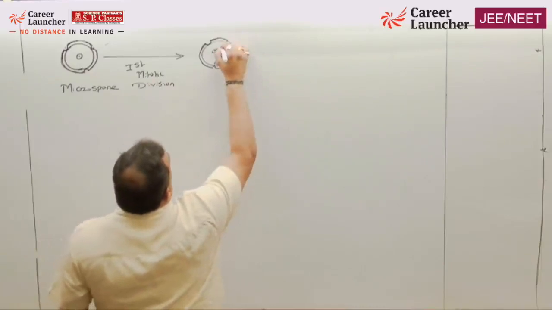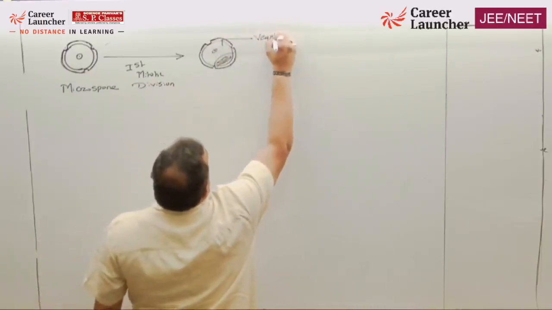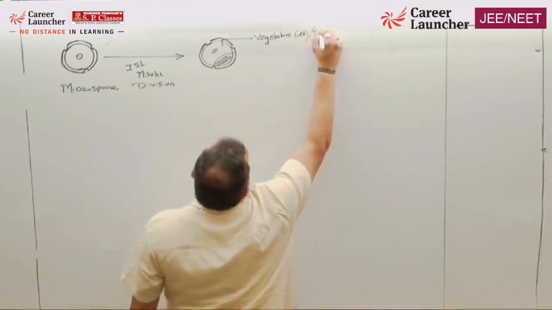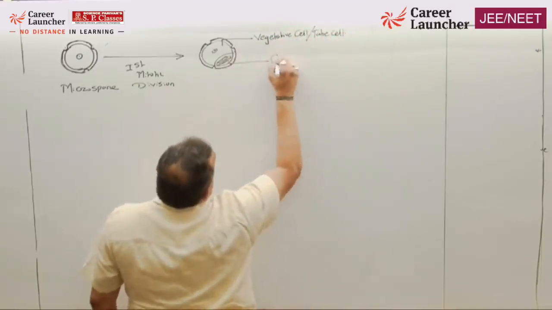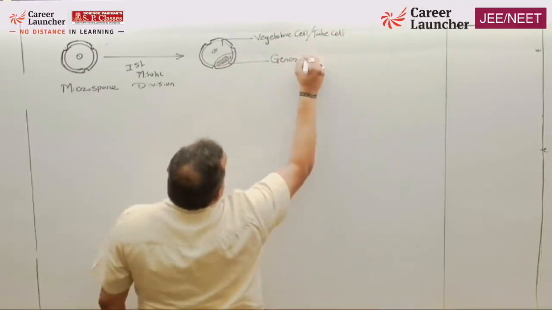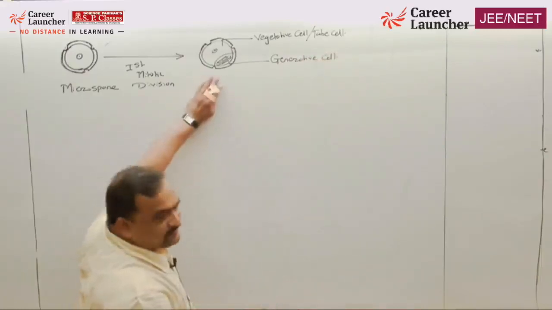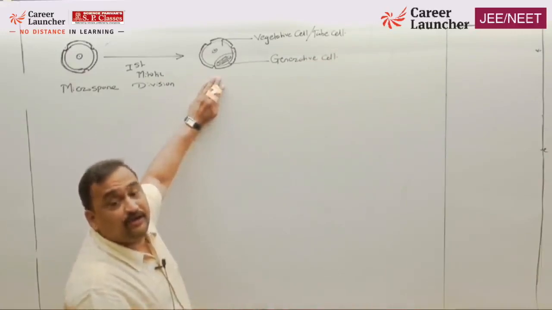Correct? The upper cell is called the vegetative cell, or what is it called? Tube cell. While the second is called what? Generative cell. Barabar? In this stage, 60% are going to get pollinated.